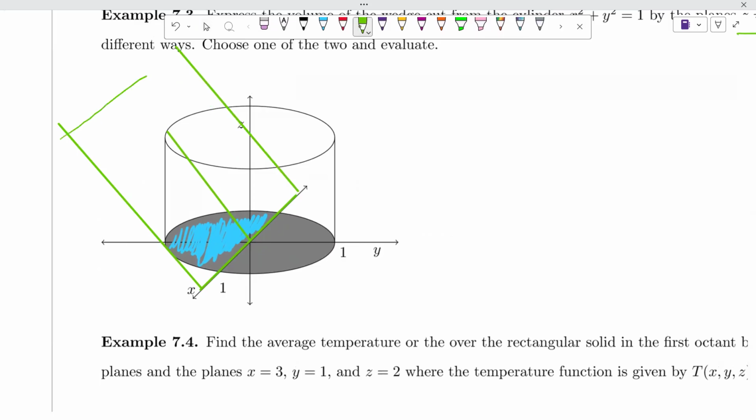Hopefully all these lines are parallel to each other. So that's what I'm aiming for. So if that green shape is the plane, it looks like it'll intersect. Or rather, it'll cut this wedge out.